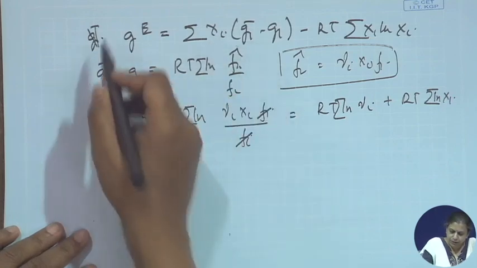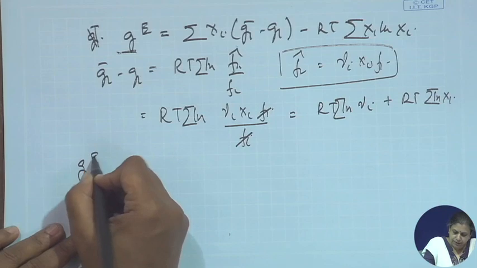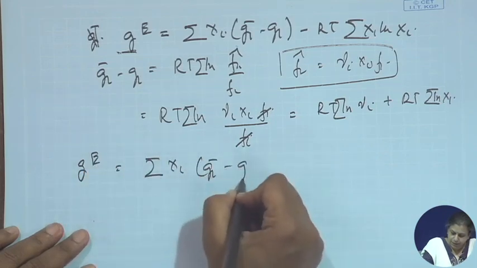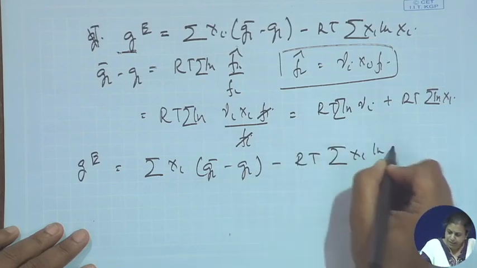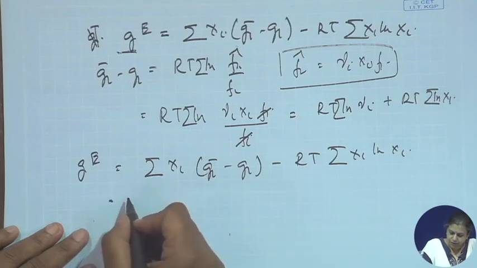And so, therefore, if I substitute this in this particular equation, what do I get? Excess Gibbs is nothing but sigma xi (Gi bar minus Gi) minus RT sigma xi ln xi. I just substitute Gi bar minus Gi. So, what do I get?